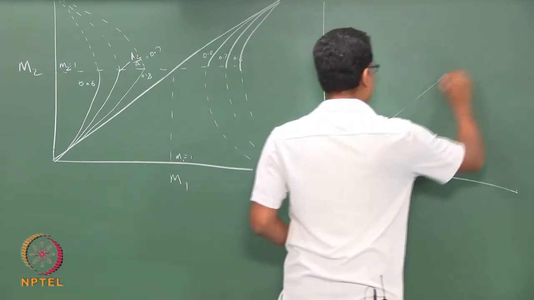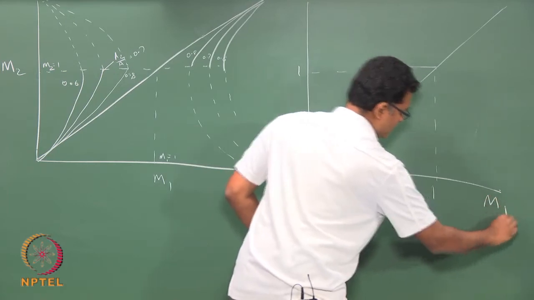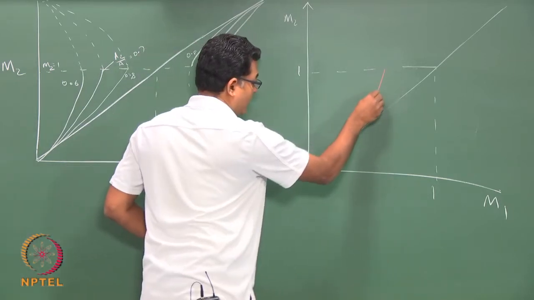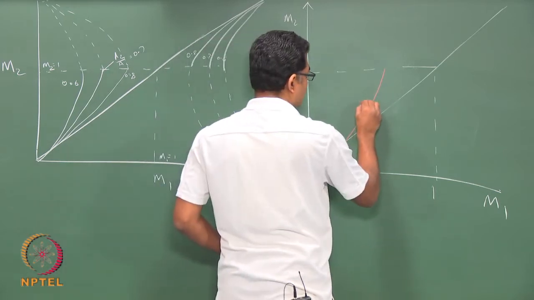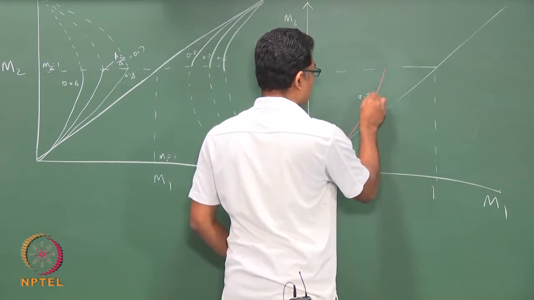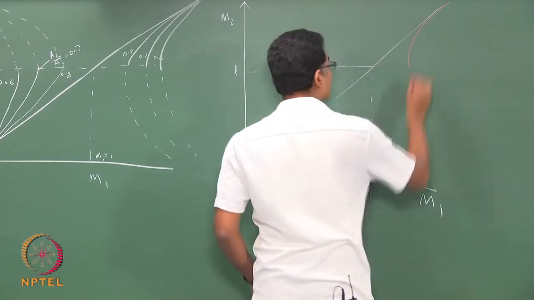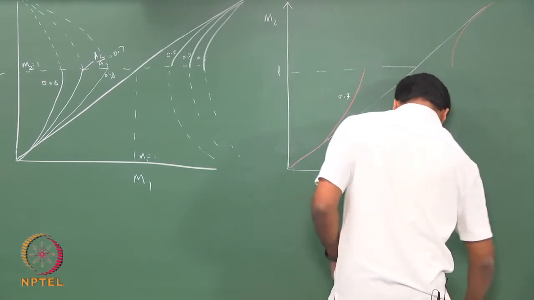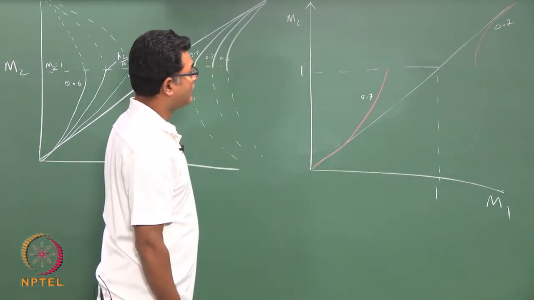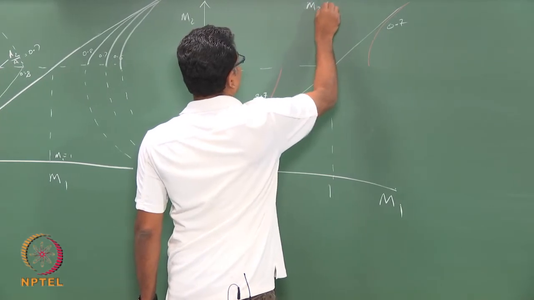I have A2 by A1 equal to 1 and this would be my M equals 1, with M1 and M2 axes, and my A2 by A1 of 0.7.